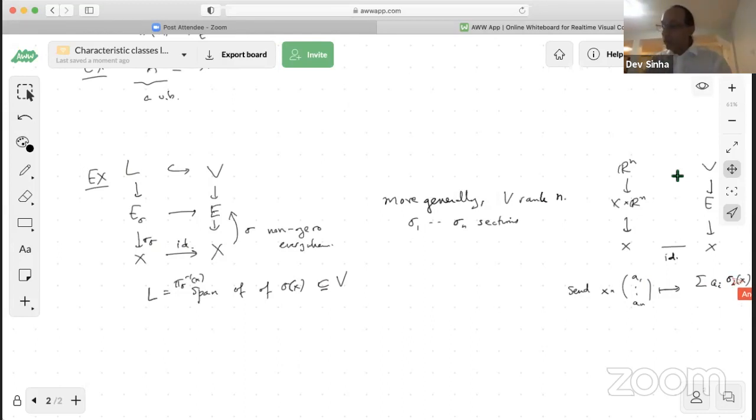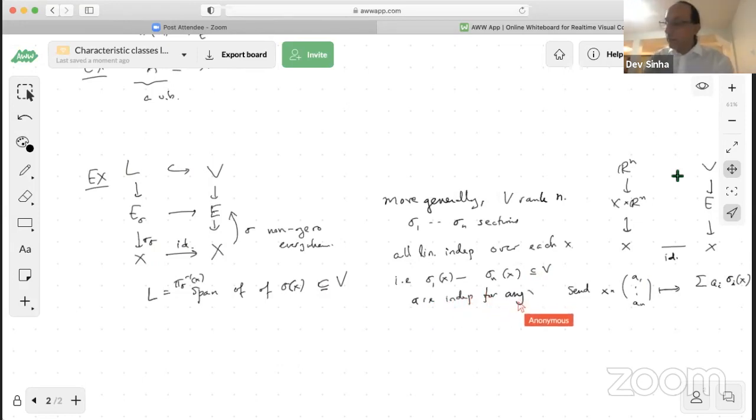And I should have said, these are all linearly independent over each x, i.e. sigma 1 of x through sigma n of x inside of V are independent for any x.